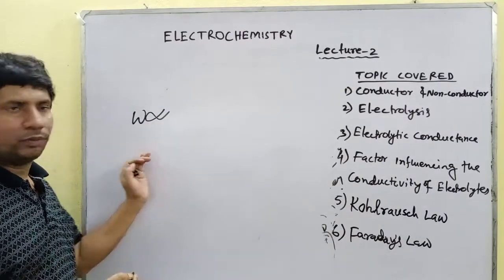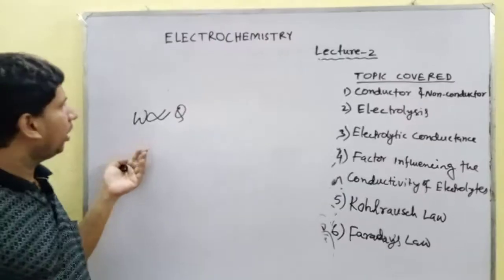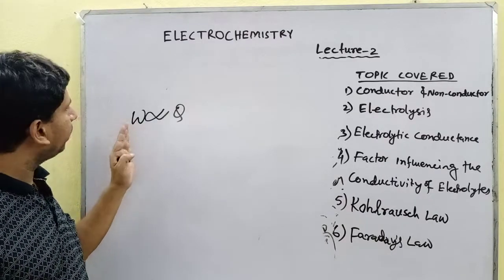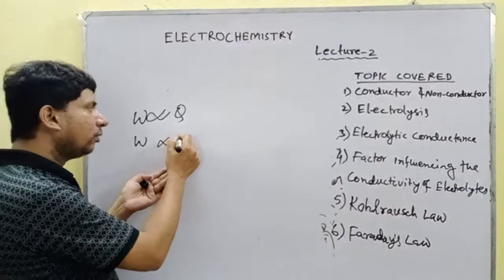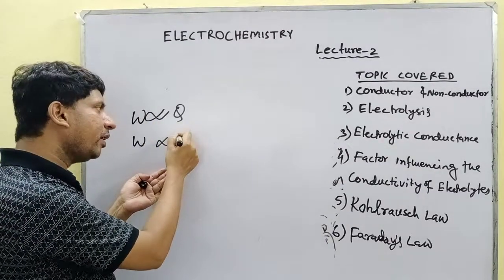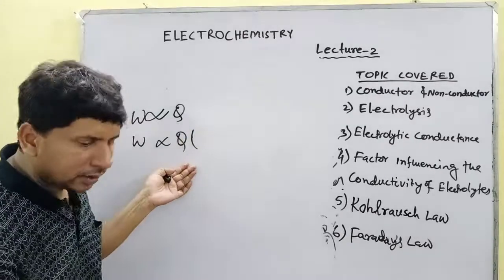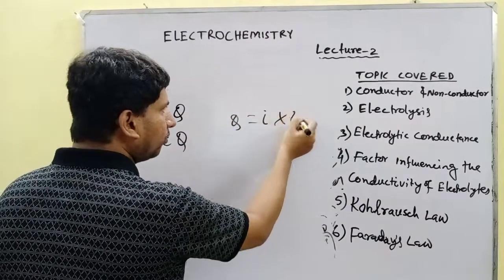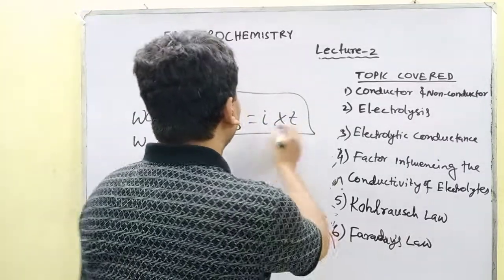The charge is Q, and the amount of substance deposited is W. So W is directly proportional to Q. The value of charge Q equals current times time in seconds, that is, ampere times second, which is the coulomb.